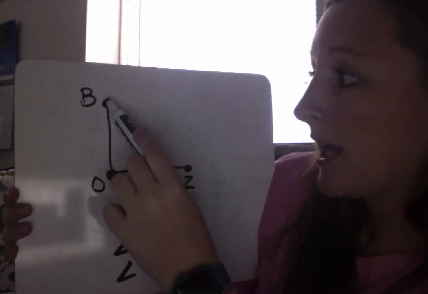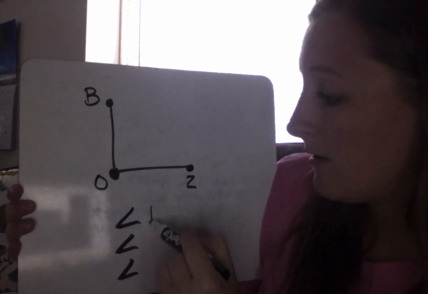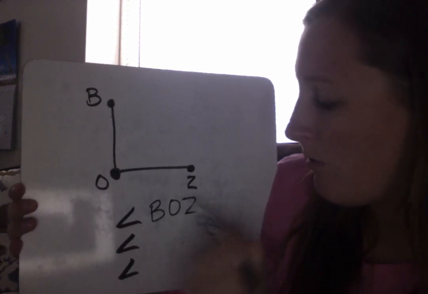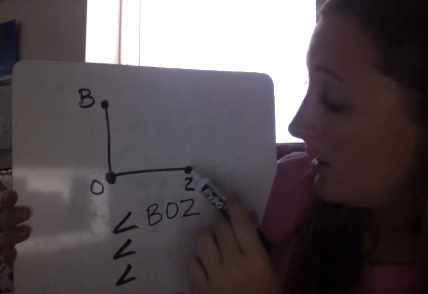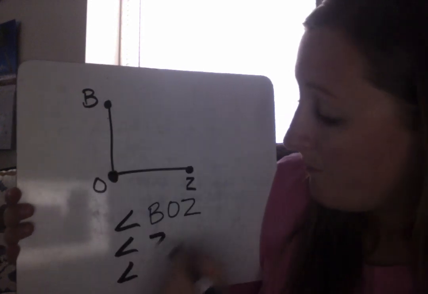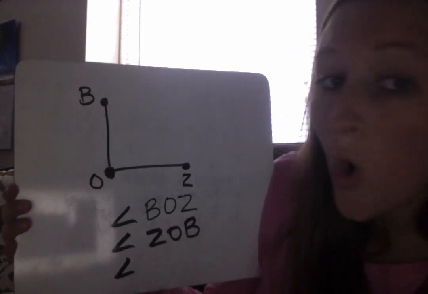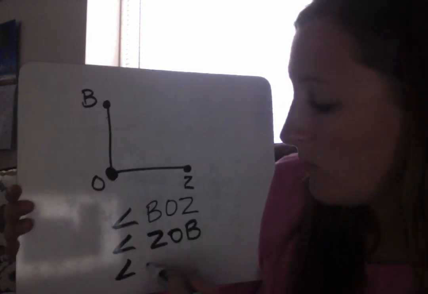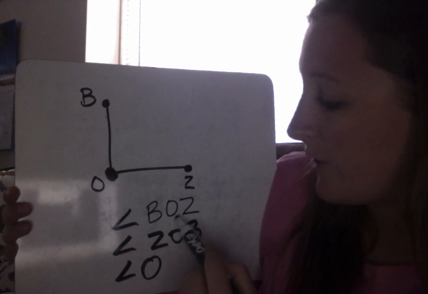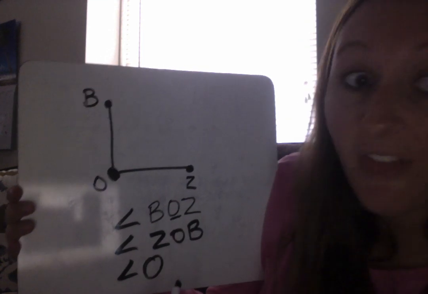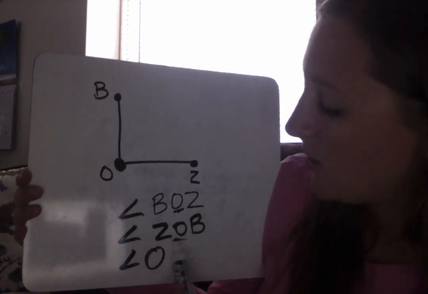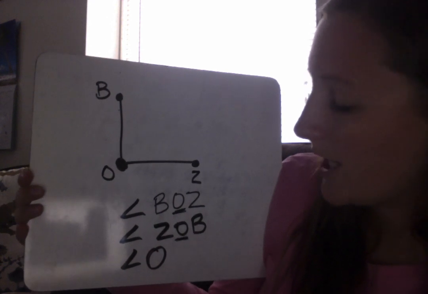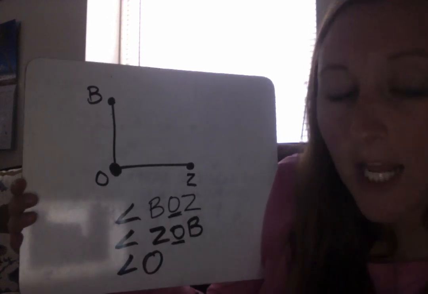This could be named angle BOZ. It could be named angle ZOB. Or it could simply just be named angle O. And we know that because O is the vertex, and it's also the middle letter here. So there's 3 different names.